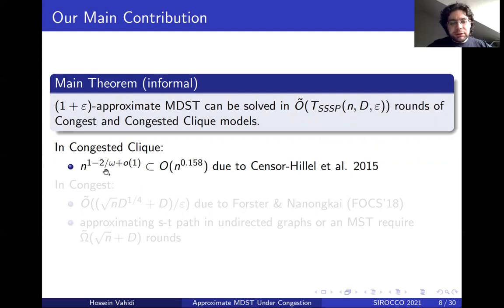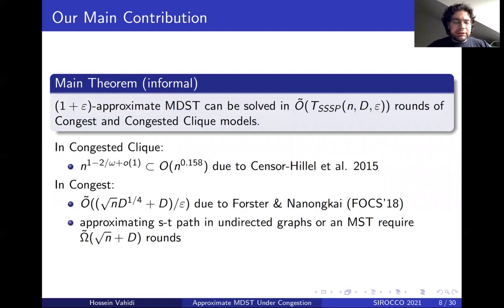Here, the small omega is the exponent of fast matrix multiplication. And in Congest, if we plug in the fastest known approximate single source shortest path, we get the following, which is not a huge improvement compared to the exact solution.